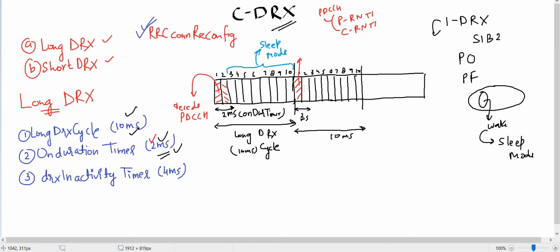Whenever the UE finds out, after decoding PDCCH, that some incoming data is there, just after that your DRX inactivity timer will be started. The DRX inactivity timer is 4 millisecond, right? So for the next 4 millisecond in this radio frame, third, fourth and fifth.